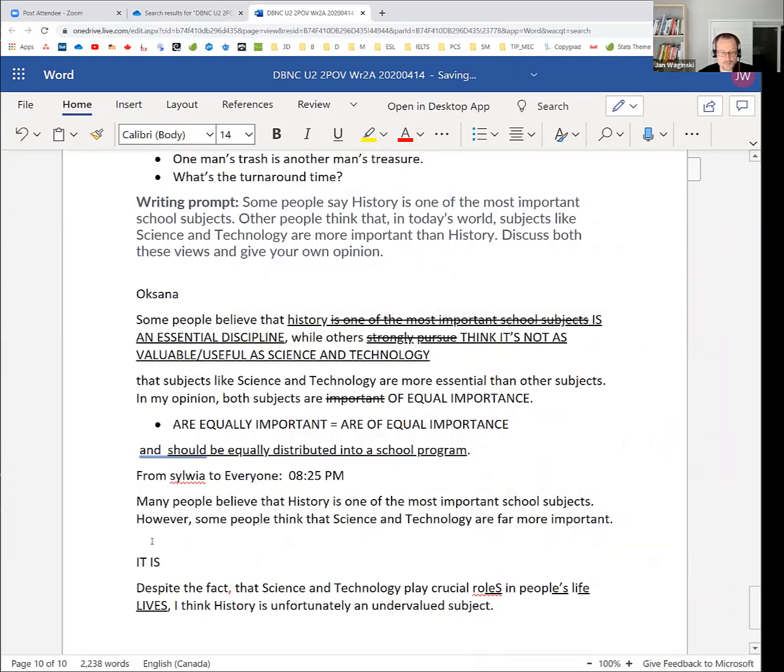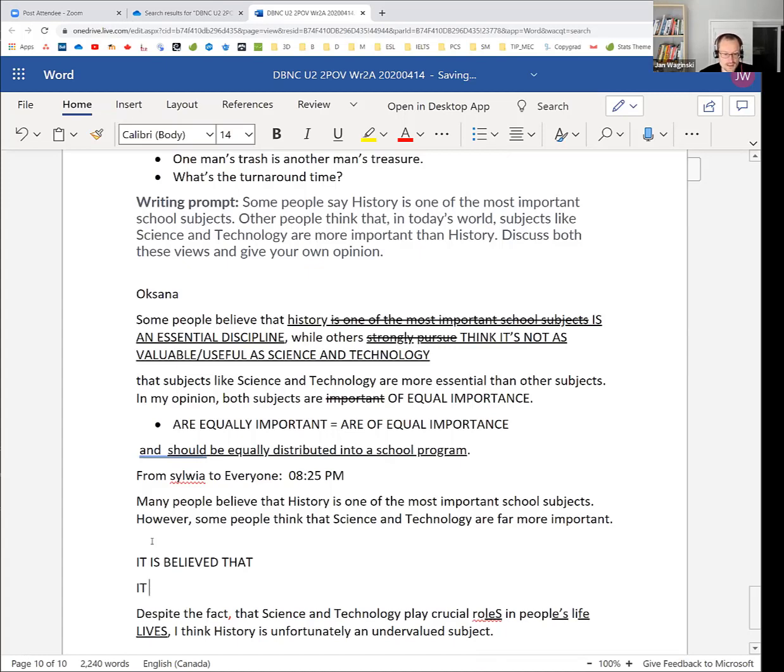We're going to use our dummy subject construction. You don't need the word people at all. It's believed that. Another way to do this is it is a widely held belief that studying history is a very important subject.